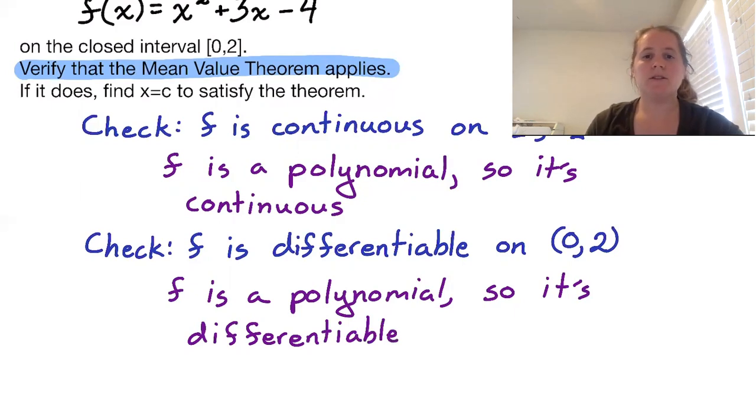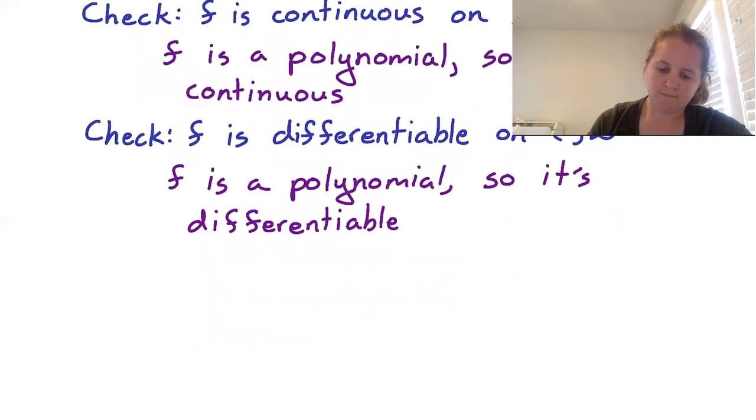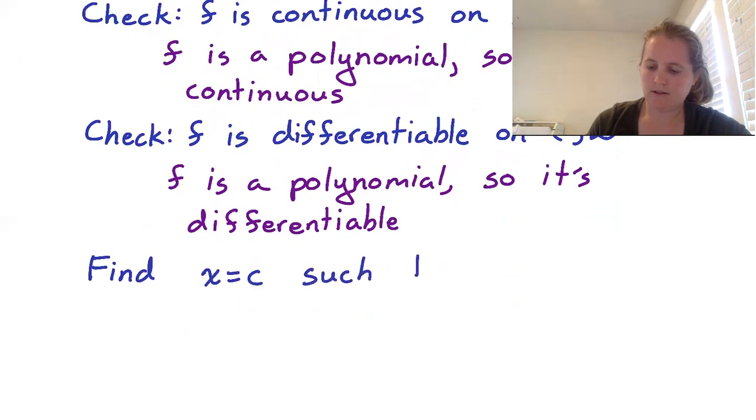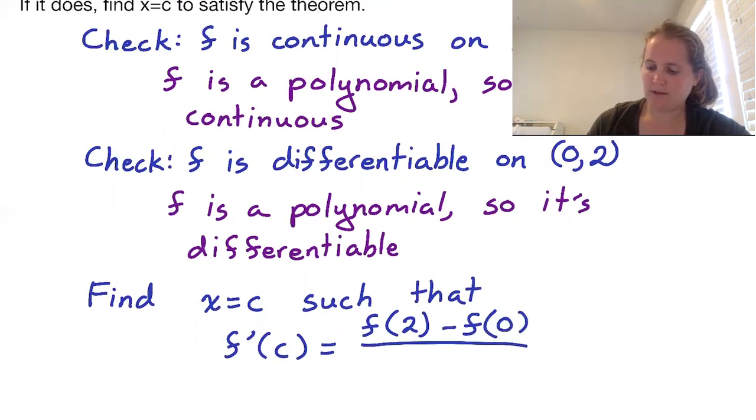And then what we're going to do is actually find that x equals c. So we need to find x equals c such that f prime of c is equal to f of b, in this case 2, minus f of a, in this case 0. So f of 2 minus f of 0 all over 2 minus 0.